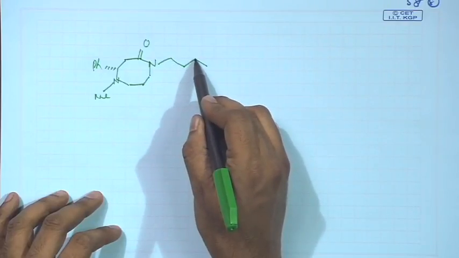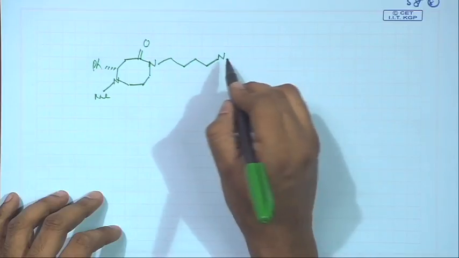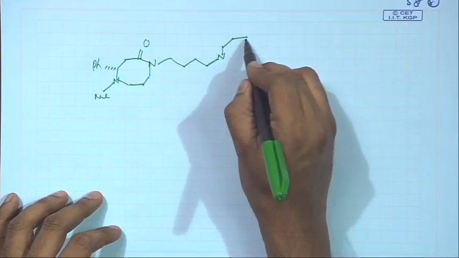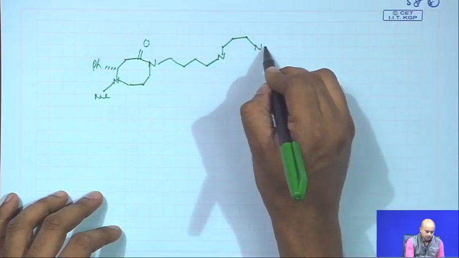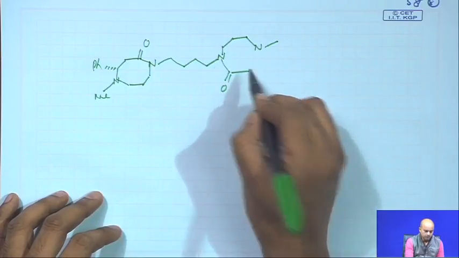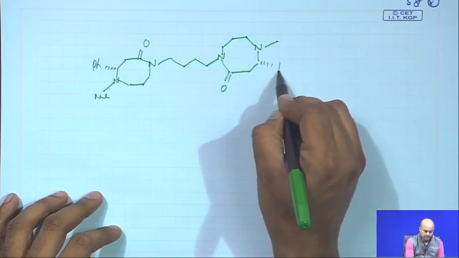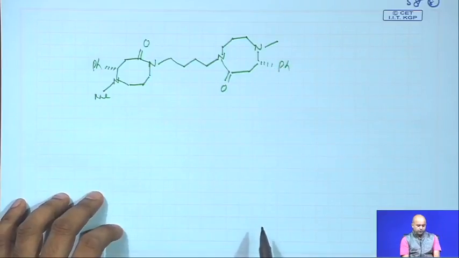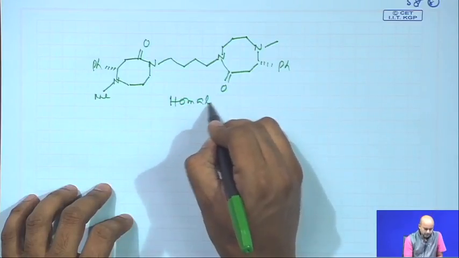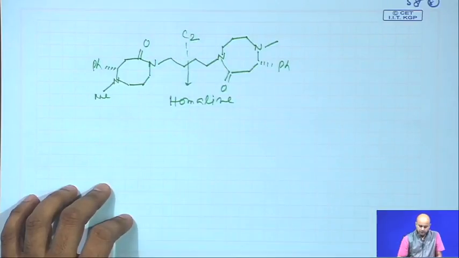So, 1, 2, 3, I think it's 4, yeah, this is a 4 carbon spacer, and then the left hand same compound is on the other side. This compound is a natural product, its name is homalene. This is again a C2 symmetric compound.